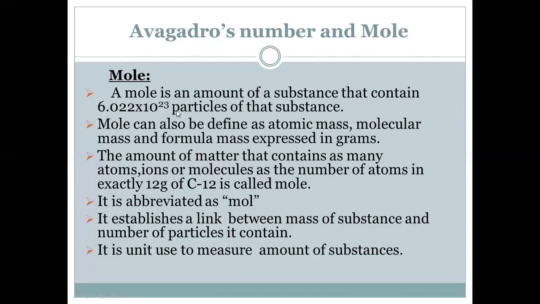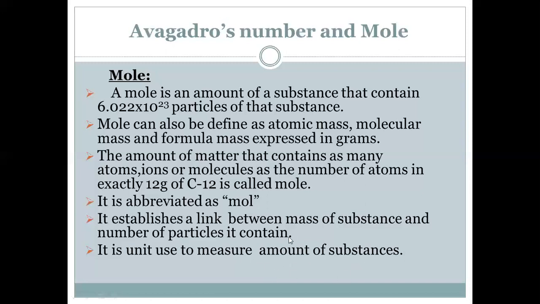Avogadro is the name of the scientist who for the first time said that 1 mole of all substances contains Avogadro's number of particles. So according to the name of that scientist, those particles are called Avogadro's number of particles. It is a unit used to measure amount of substances.